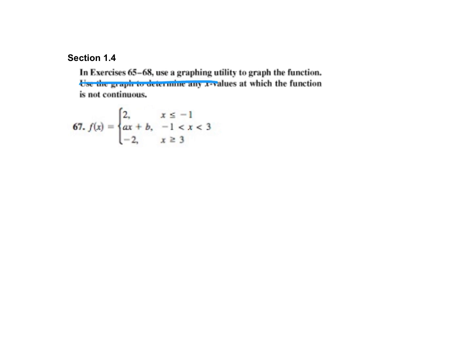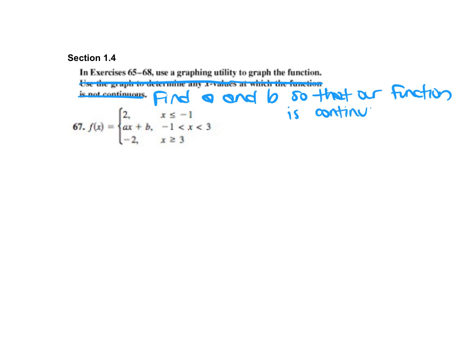We're going to edit our instructions here. We would like to find A and B so that our function is continuous. Even if you don't remember your continuity rules, what did we say it means for a function to be continuous?